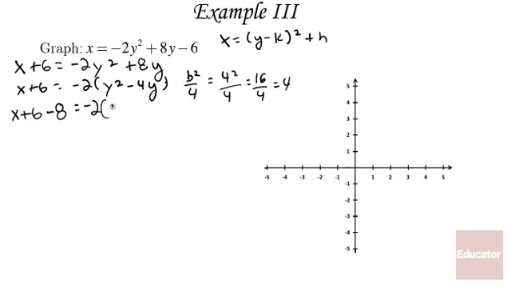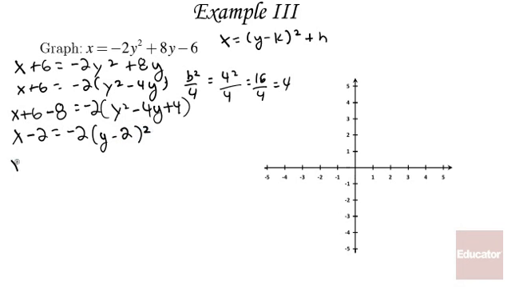To this side, since I'm adding inside the parentheses, I'm just adding 4. But then 4 times negative 2, that's how I got the negative 8 on the left. So this gives me x minus 2 equals negative 2, and I want it in this form, so I'm going to rewrite this as y minus 2 squared. Last thing I need to do is add 2 to both sides.